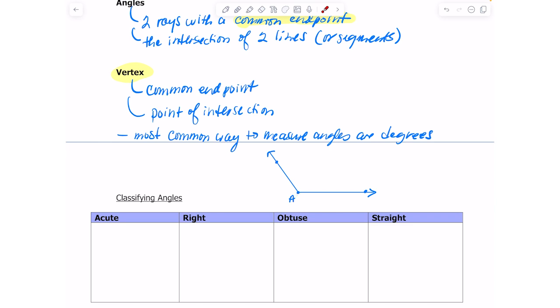As the rays move, it creates the angles. So let's pretend this was a 100-degree angle. We would say the measure of angle A, so M stands for measure of, and then you've got the angle symbol, and A is equal to 100 degrees. So there's your degree symbol.